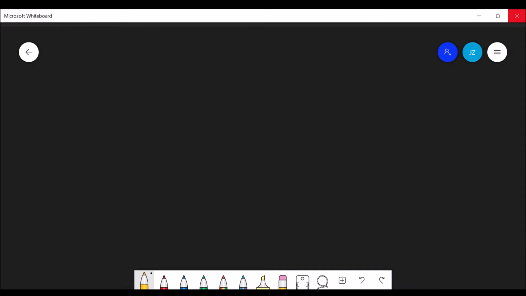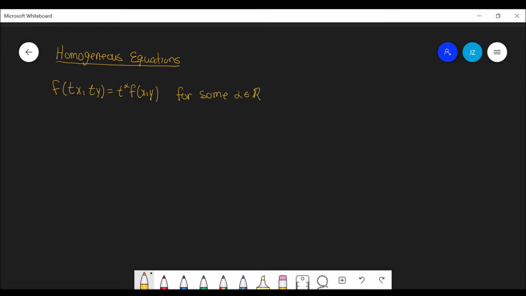We now look at homogeneous equations. So if a function f possesses the property f of tx comma ty equals t to the alpha times f of x, y for some real number alpha, then f is said to be homogeneous of degree alpha.